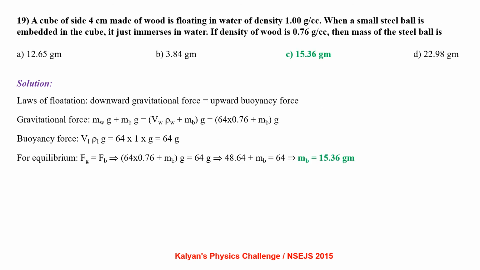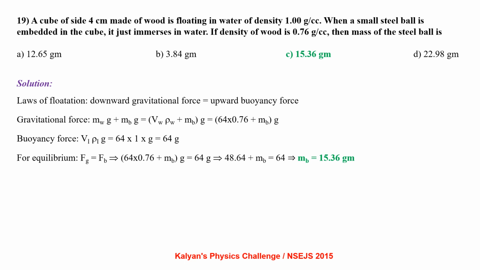A cube of side 4 cm made up of wood is floating in water of density 1 gram per cc. When a small steel ball is embedded in the cube, it just immerses in water. If density of wood is 0.76 gram per cc, then mass of the steel ball is. Applying laws of flotation, downward gravitational force equal to upward buoyancy force.